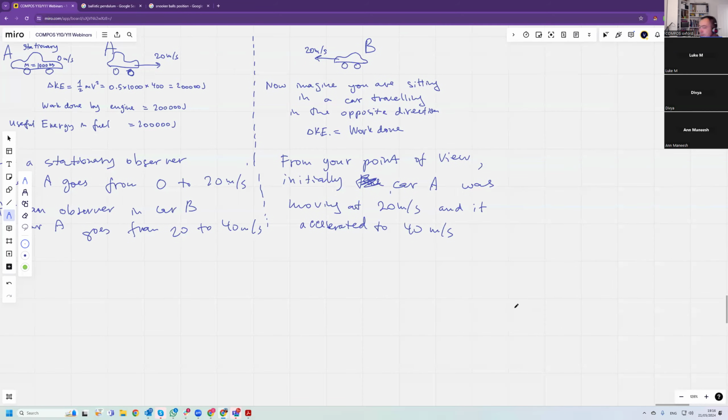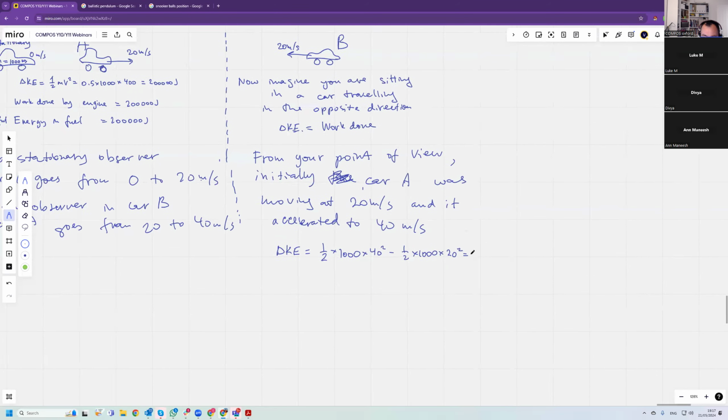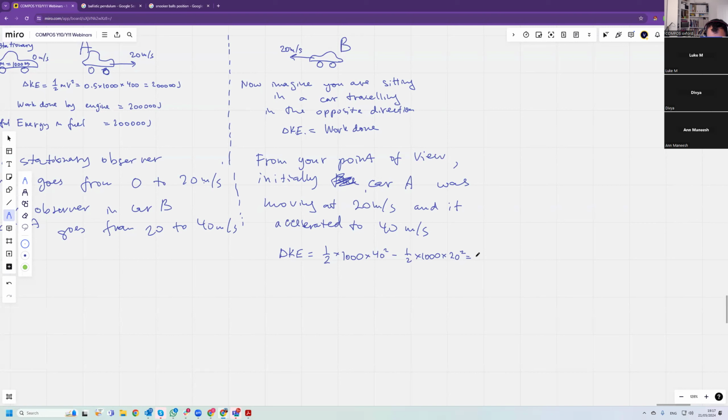The change in kinetic energy is equal to the kinetic energy after minus the kinetic energy before, so it's 1/2 times 1000 times 40 squared minus 1/2 times 1000 times 20 squared. And that is 600,000 joules.